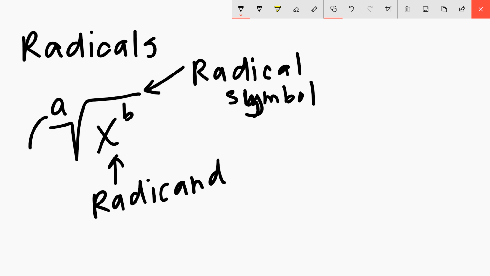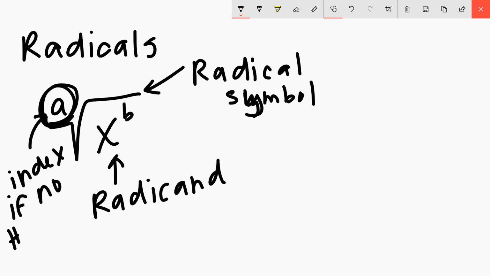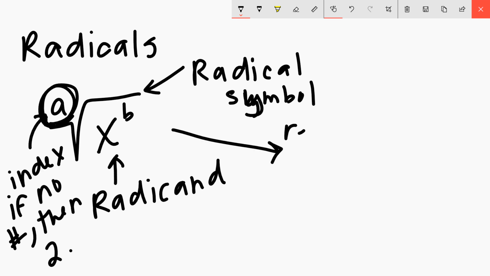And the number that lives right out here outside of your radical symbol, a small superscript right there, this is your index. If there's no number, then it's actually a 2. Remember that we could rewrite this as an exponent.